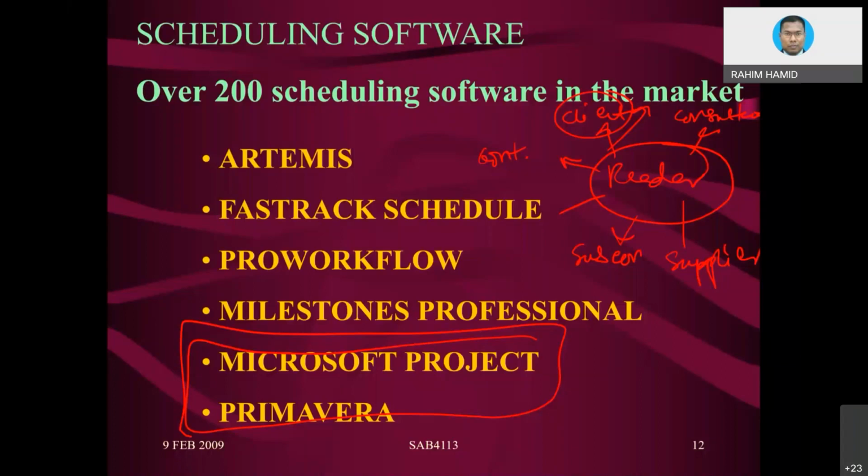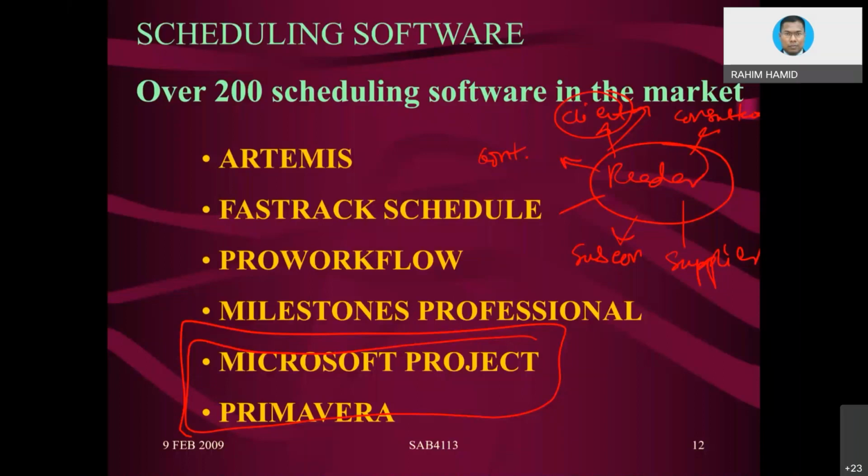And no wonder in terms of pricing, Primavera will always cost you 10 times more. For instance, Microsoft Project Professional sells for around 2,400 to 2,500, so Primavera could cost you around 24,000. That is the commercial version, but we can get it at 5 or 7 ringgit, which is better, never mind, just for the sake of learning.